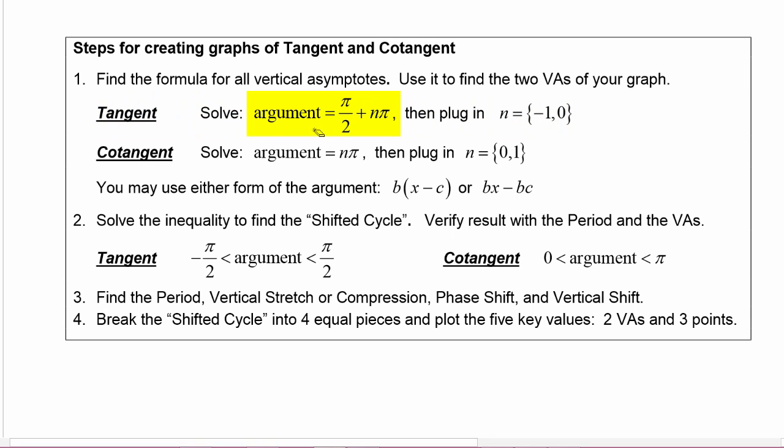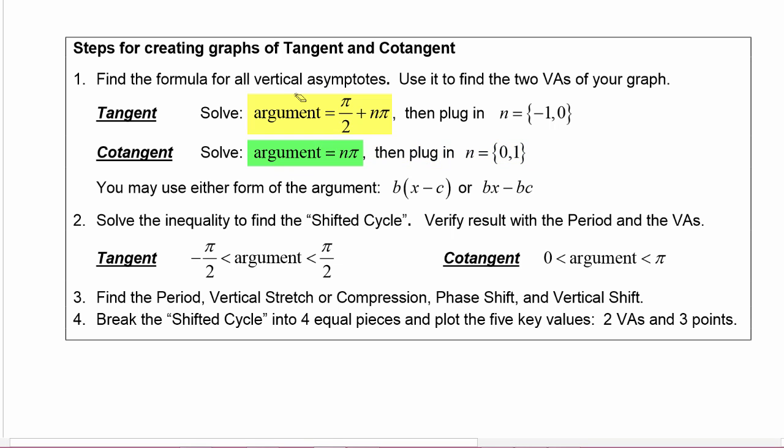So you'll take the argument of your tangent function and set it equal to that, and then we'll plug in n is negative 1 and 0 to find the vertical asymptotes of the one cycle. For cotangent, we'll solve the argument equals n pi, because n pi is the place where normally the vertical asymptotes happen, and we found you have to plug in 0 and 1 for n to get the one cycle vertical asymptotes.